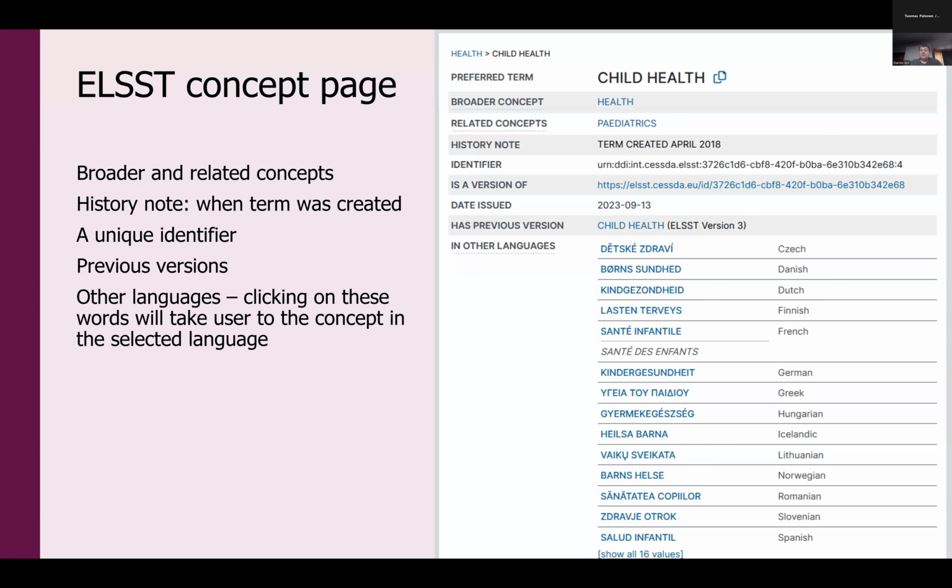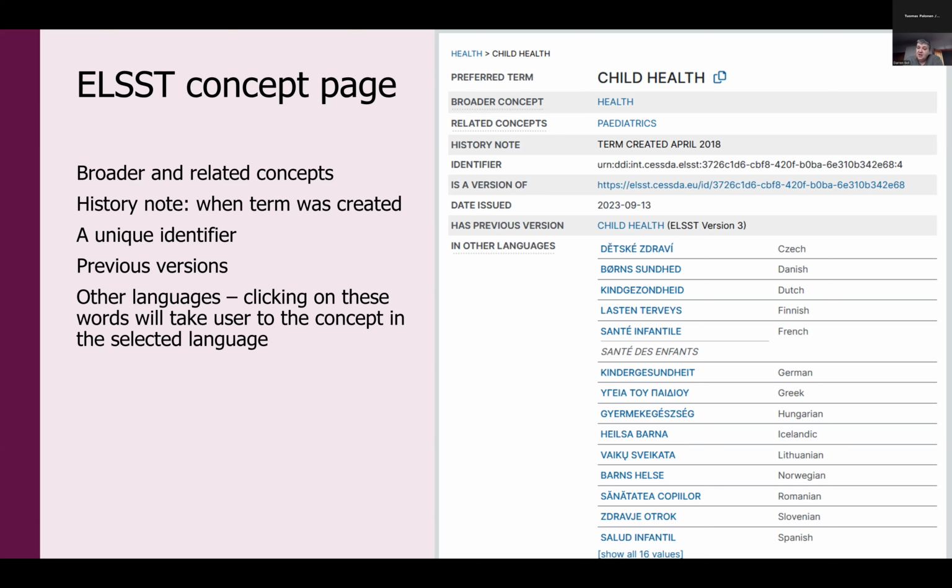Okay, so the concept page, as you can see here, we have lots of different translations for ELST. I think I mentioned, Hungarian and Icelandic came across a couple of years ago. The standard SKOS stuff comes out of the box: skos:broader, skos:related, history note, unique identifiers.